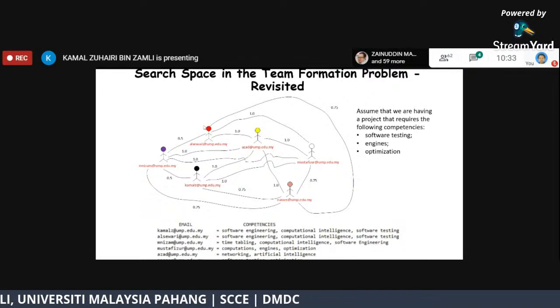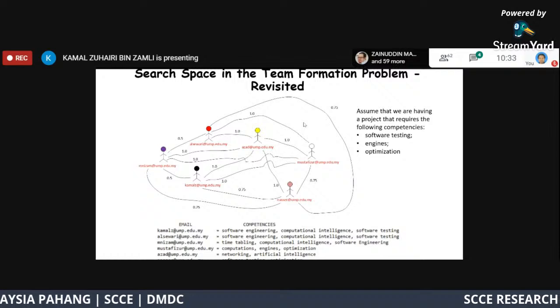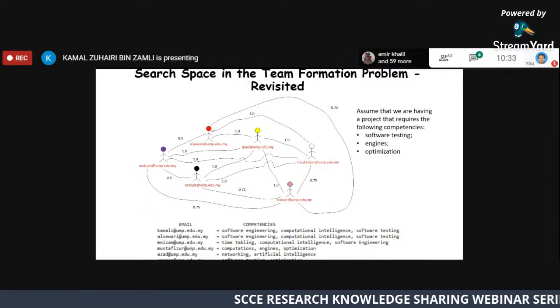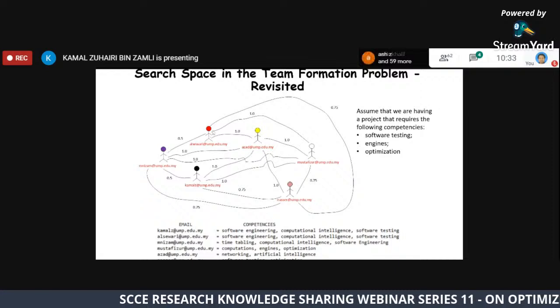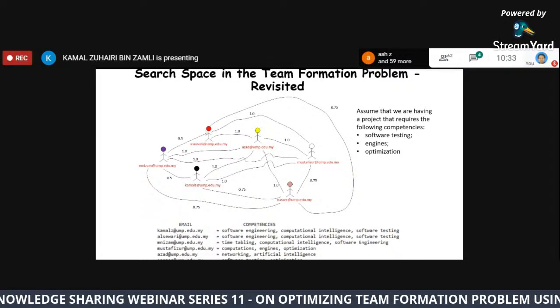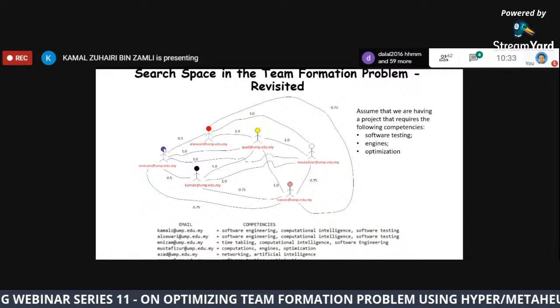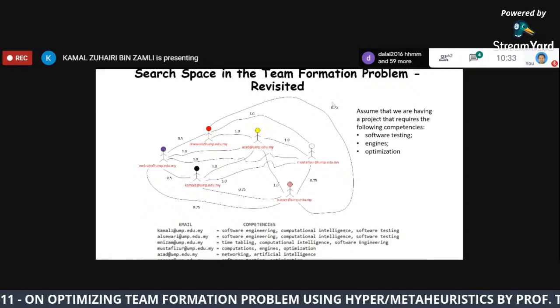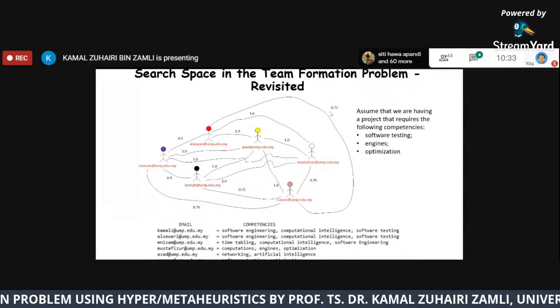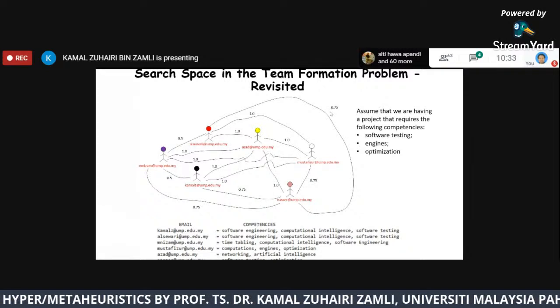If I have interaction with Zuhairi and Mustafizo, the cost is also 1. Zuhairi with Kamal, the cost is 0. Zuhairi with Nizam, the cost is 0.5, and they are interchangeable. Same, meaning Nizam to Zuhairi is also 0.5, and Zuhairi to Nizam is also 0.5. So the idea is that the larger the cost, meaning the less common skills, the smaller the better. So this is the idea.